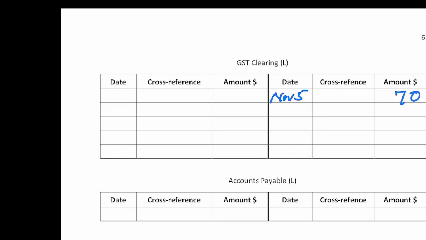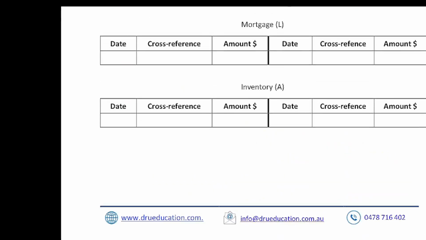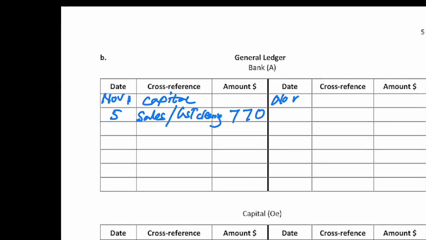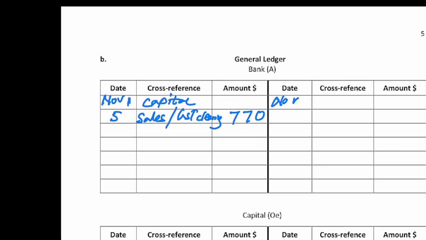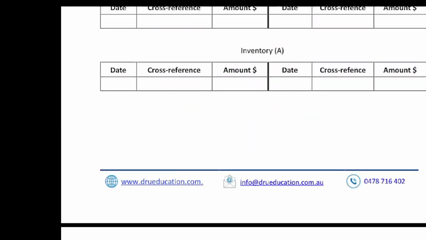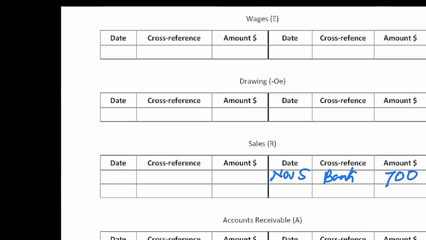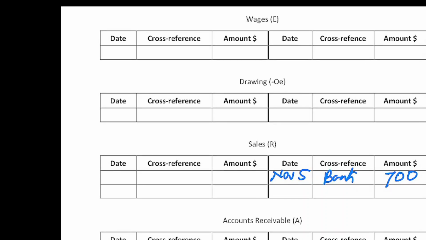Yes, Pathum, what's the cost reference? Bank, correct. Make sense? You are debiting the bank 770 saying sales / GST clearing. Then you go to the GST clearing, you are crediting 70 saying bank. You are going to the sales and crediting 700 saying bank. Is it clear? Pathum, you are okay?